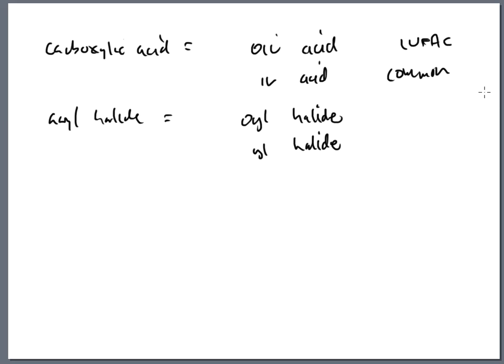Do you see a trend? I hope so, because this trend is going to continue throughout the carbonyl lecture. It's just a matter of how on earth we modify the ending to make it work. So this might seem like a lot in the beginning, and it is. But if we can keep our heads straight and say, okay, what are they doing? Why are they doing what they're doing?